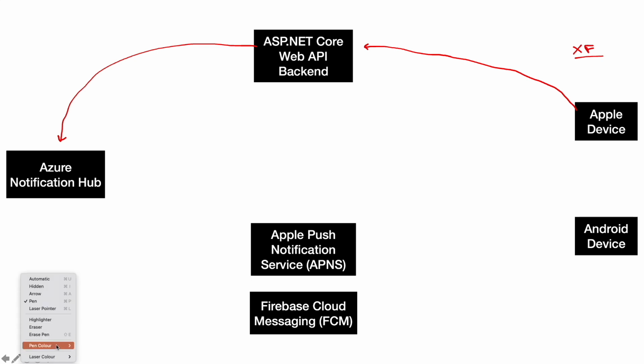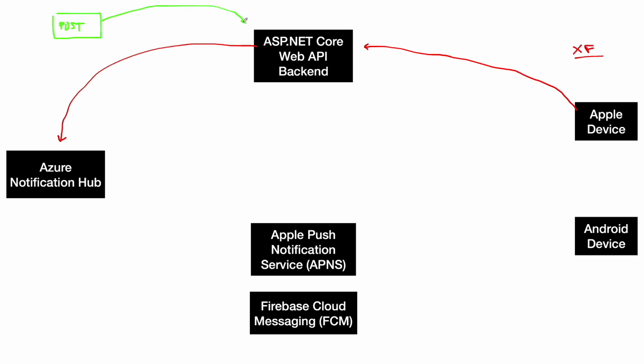Let me just use a different pen color. So our Web API backend has decided we need to issue a notification. Either that's because a certain event has been triggered, a certain action has been taken, or in fact we could make a post request from, for example, Postman, and that might trigger the API to do something.